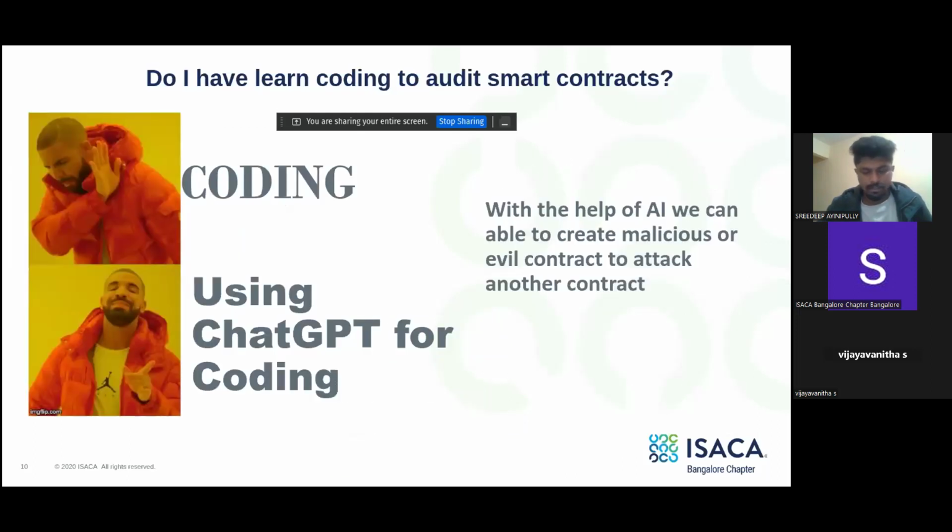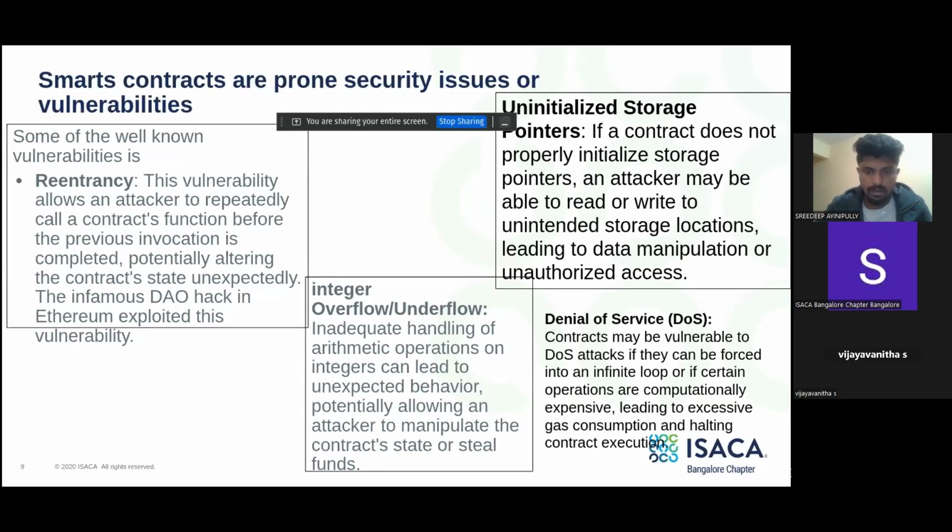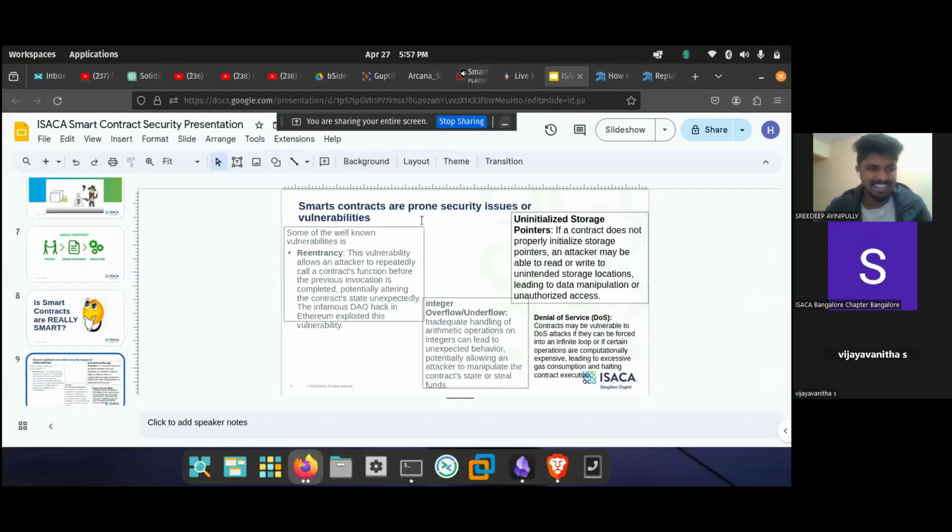Sometimes when I talk about the exploitation part, some of you might think, Sridip, there is a question on DAO attacks. Can you explain the DAO attack? Yeah, I was about to say that. The DAO is the Decentralized Autonomous Organization.